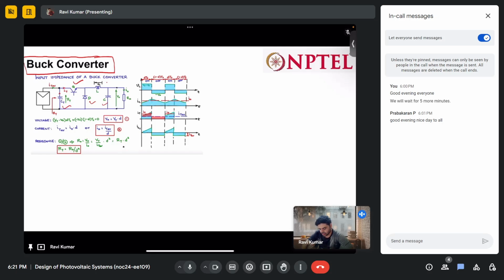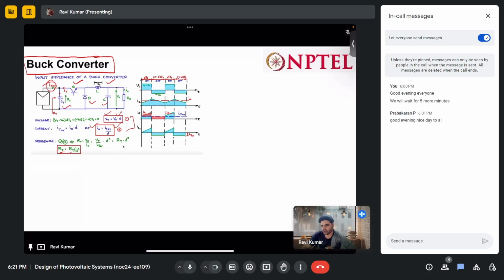In a similar way, by derivation, we got this relation between the V output or V load with the VT, that is the terminal voltage, then I with the I, TAV means the current coming from the solar PV module, and using these two equations we obtain the relation between this RT and R naught.